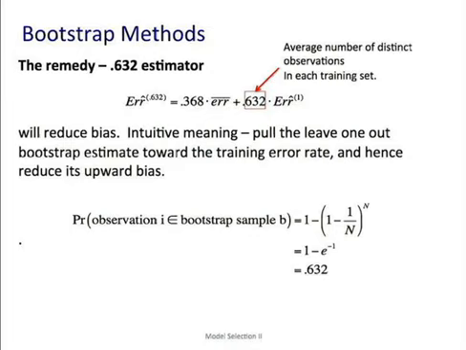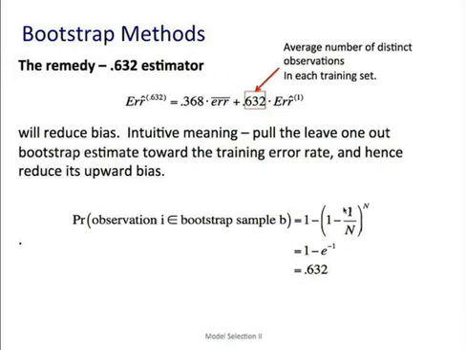So here, if we think about it, the 0.632 is the probability of an observation being in a bootstrap sample. You've got all this 1 minus stuff. If everything is equally likely to get picked up, you've got 1 over n chances of being in the bootstrap sample.